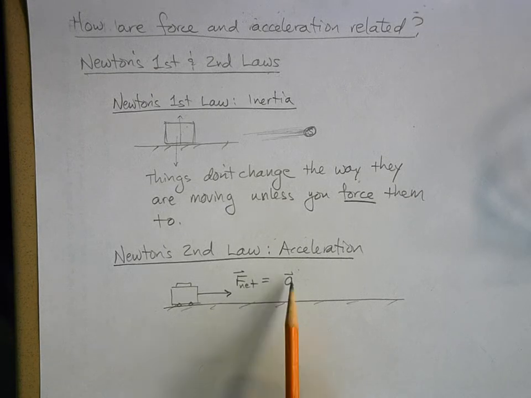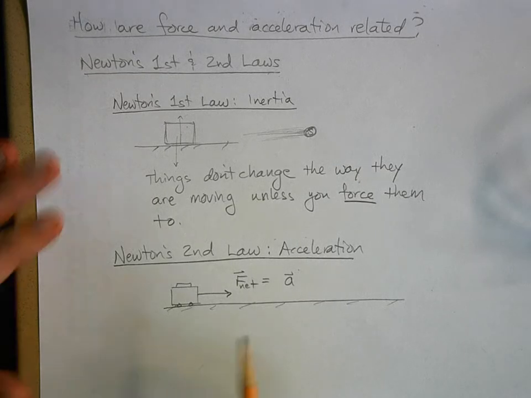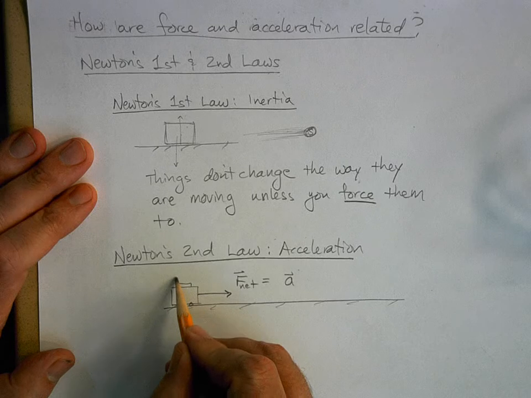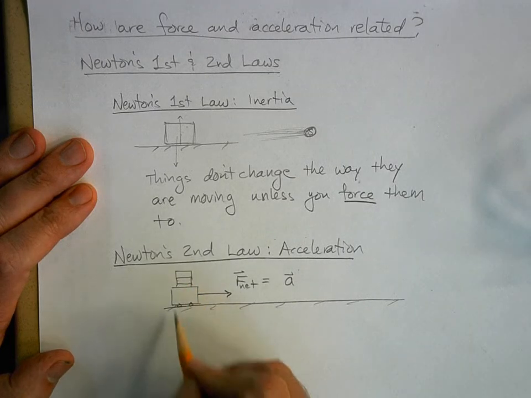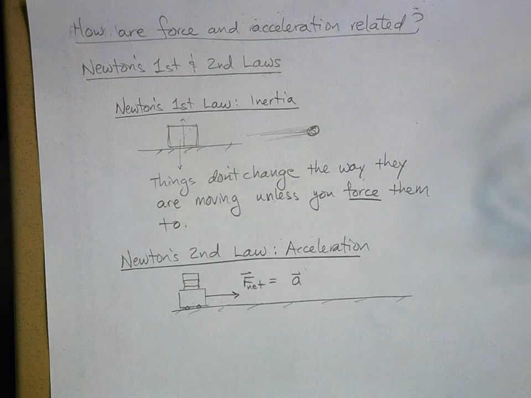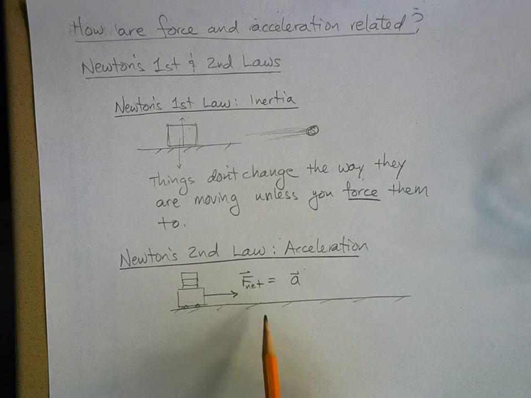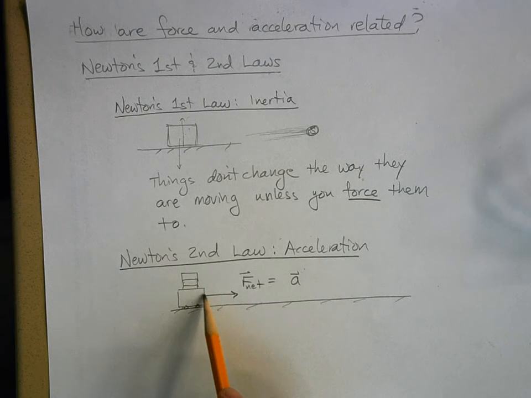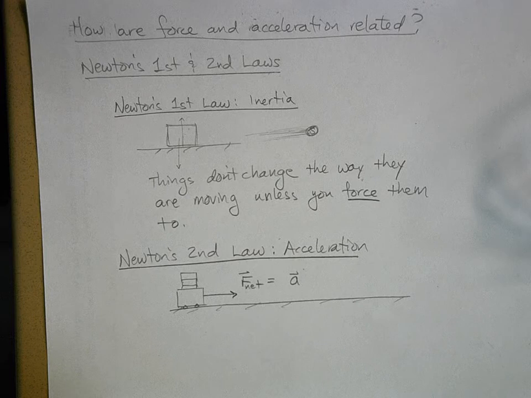But how much acceleration do I get? What does that depend on? Well, it turns out it depends on how much stuff I put in here. If I put in more stuff, it's harder and harder to accelerate. Does that make sense? The more stuff you put in here, if you just pull at the same force, you're not going to accelerate as fast.